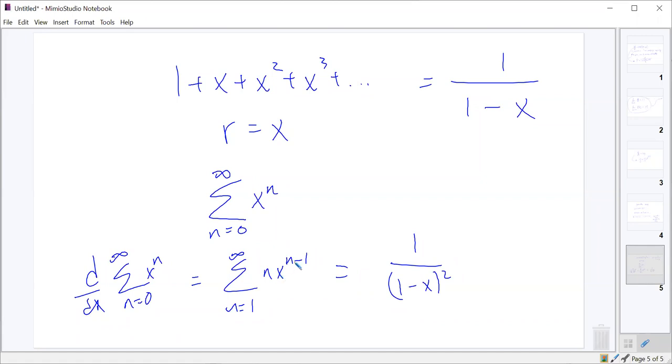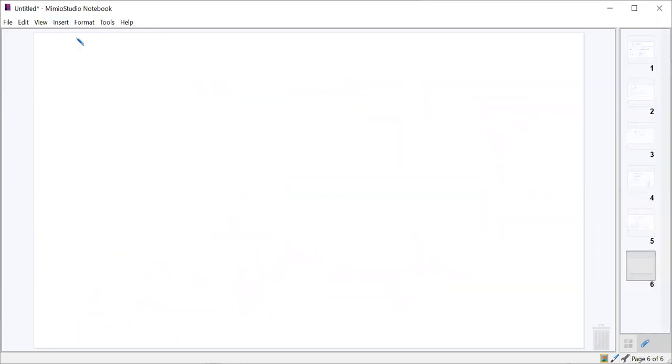But we also can use this for things like, I think the one that we did in class, we said, let's try to find the series for the natural log of 1 plus x. We could start with 1 over 1 plus x, and the integral of that ought to be natural log of 1 plus x.